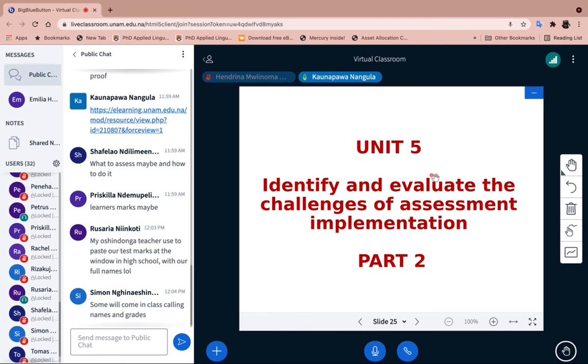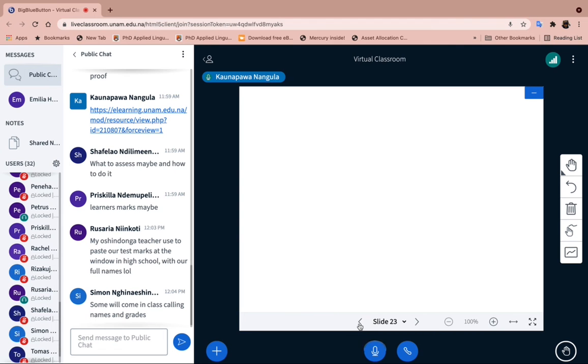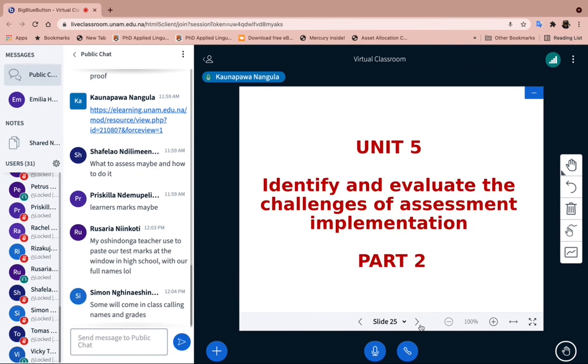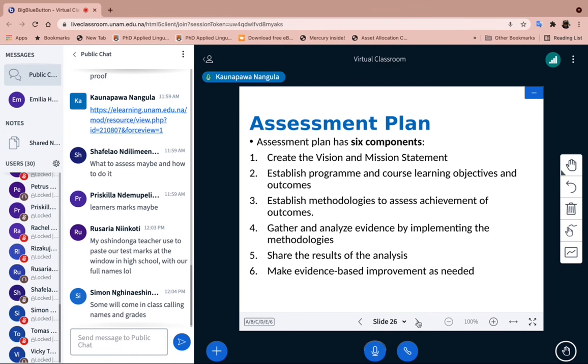I didn't change the slides because I thought in the previous class we would have gone until this part, but unfortunately we didn't. All right. And what we have been talking about is basically the 6 components that you need to consider when you are creating an assessment plan.